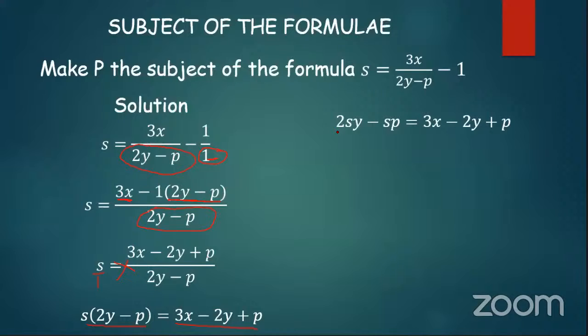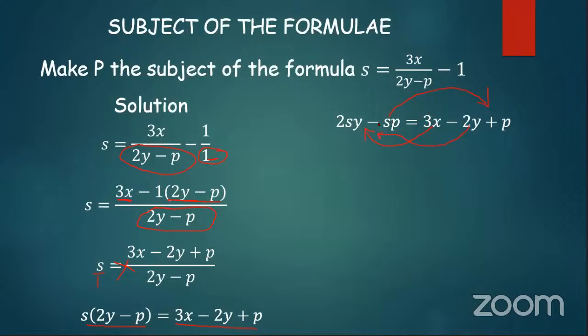So remember, our aim is to make p the subject of the formula, so we are going to have terms in p on one of the sides, and hence we are going to collect like terms. So we are going to cross this p to come to this side, and then these other ones here, the 3x and the 2y, are going to come to that side.